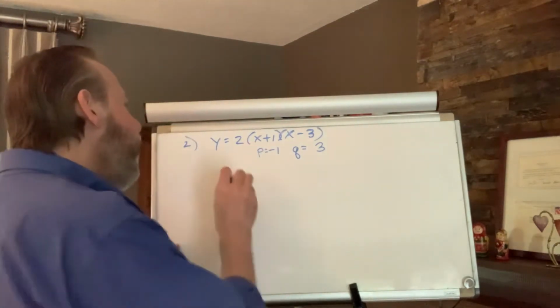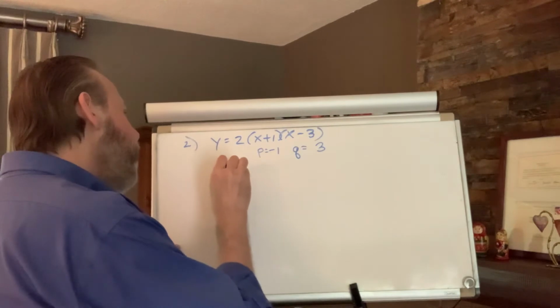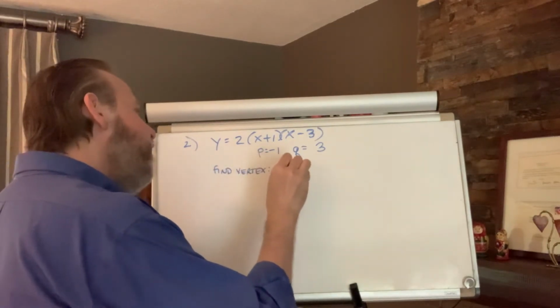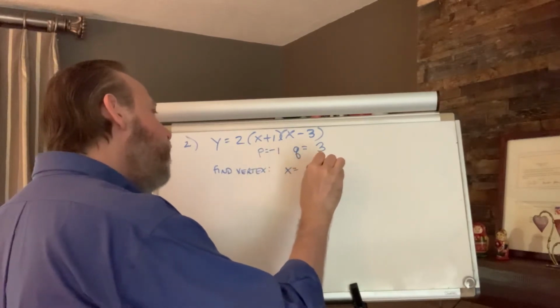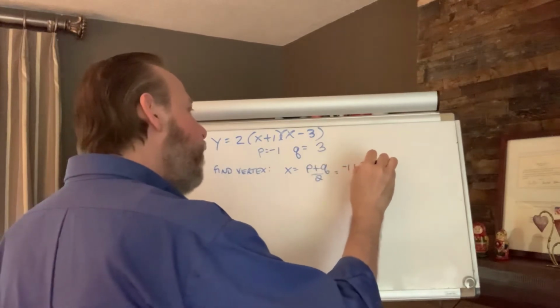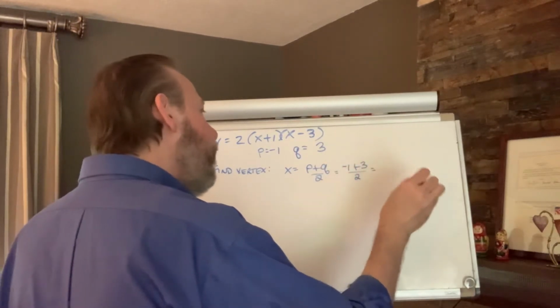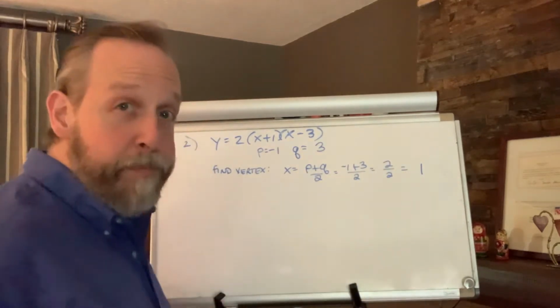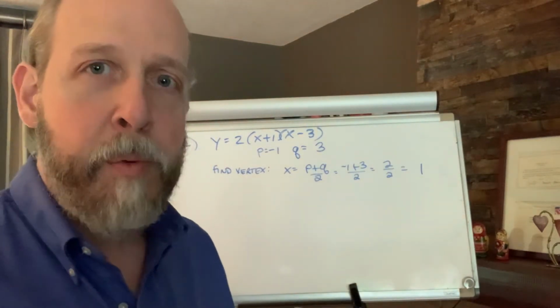Now, to find the vertex, what do we have to do? Well, the vertex x value is p plus q divided by 2. That's -1 plus 3 divided by 2, which is 2 divided by 2, which is 1. So the x value of this vertex is the number 1.